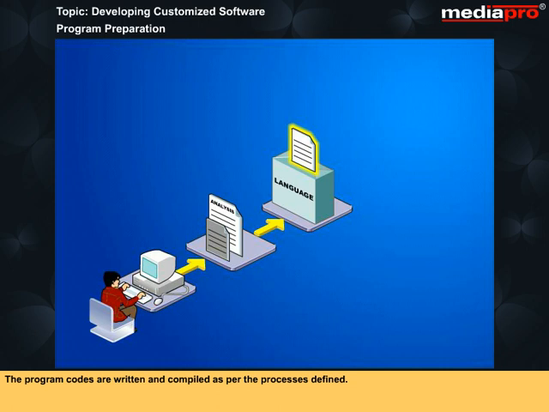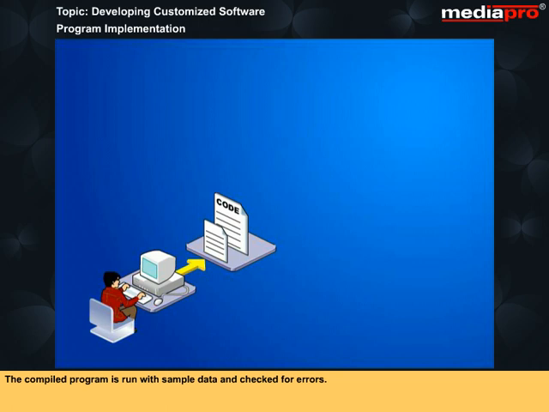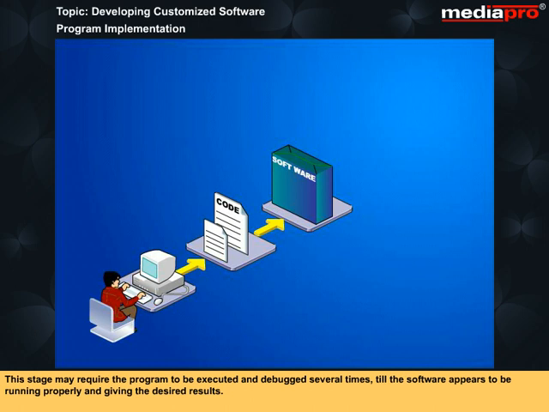The program codes are written and compiled as per the processes defined. The compiled program is run with sample data and checked for errors. This stage of executing and debugging is termed program implementation. This stage may require the program to be executed and debugged several times till the software appears to be running properly and giving the desired result.